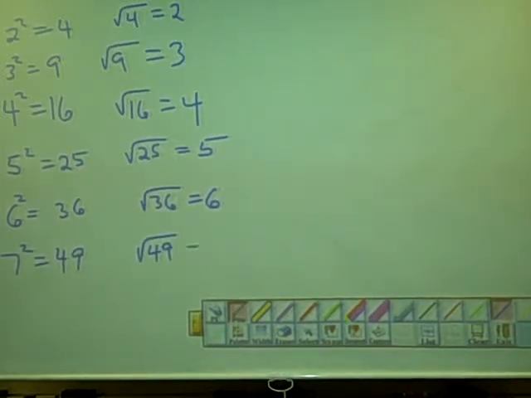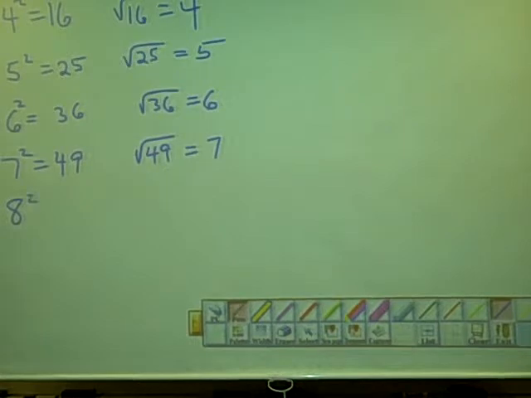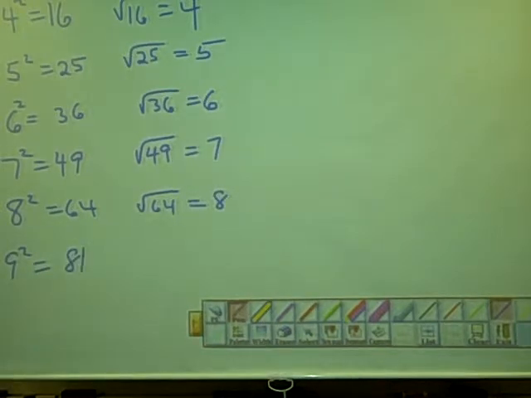If you do this little table for yourself, it might be helpful for you. 8 squared is 64. And then 9 squared, 81.